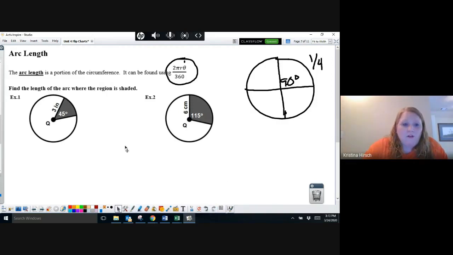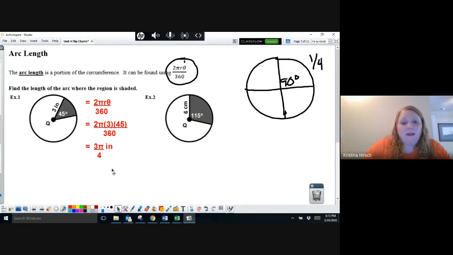All right, so if we look at the first example and we use that formula, then here's my formula. I'm using the arc length formula because it's a piece of the circumference, and I'm substituting in. So I know that 2 pi is part of my formula. The radius is 3. The theta of the shaded region is 45, and it's always over 360.